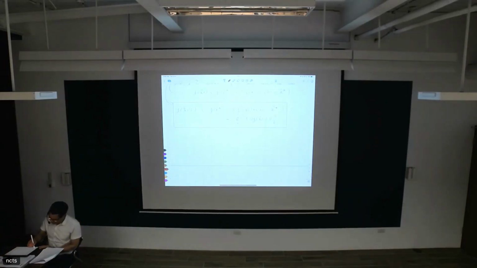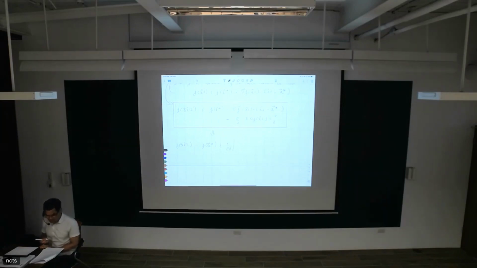But before doing that, let us rearrange things just a tiny bit. I'm going to move the f of x star to the other side, minus f of x star. Then I'm going to factor 1 over 2 delta out.